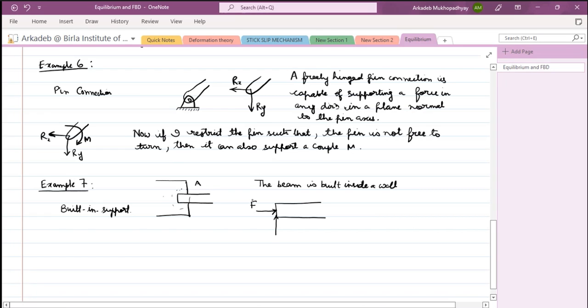Initially you can take it in any direction. You apply the condition of equilibrium and you will get the direction of force. Right? So this is axial force, this is a shear force V, and a moment will be acting.